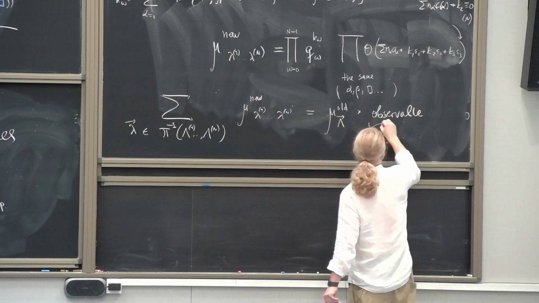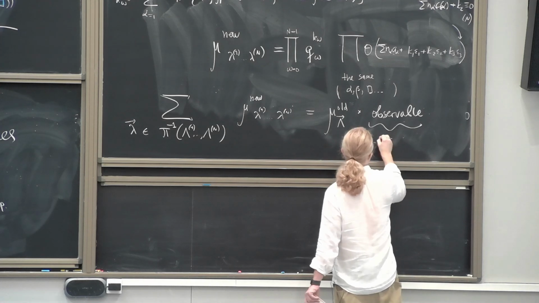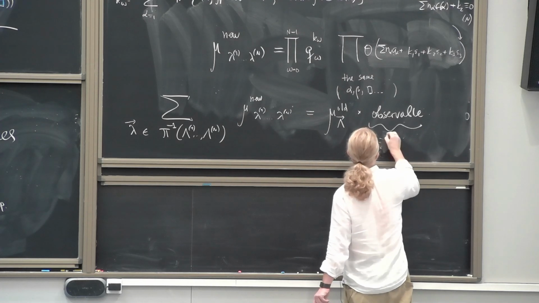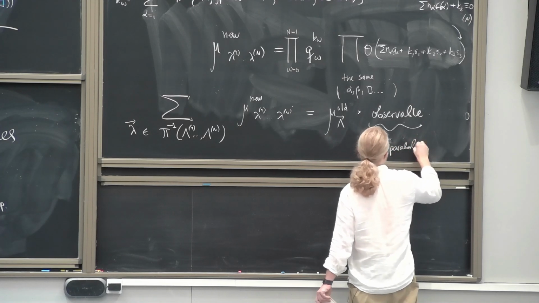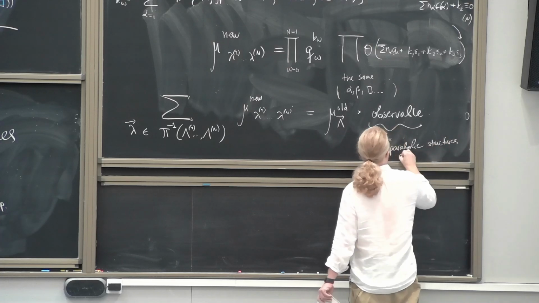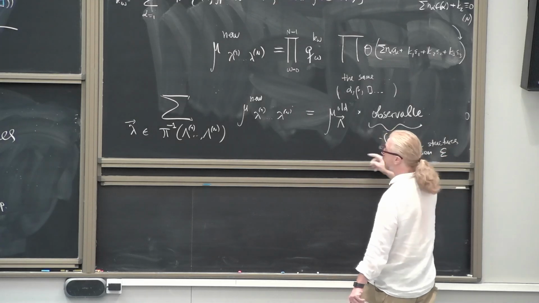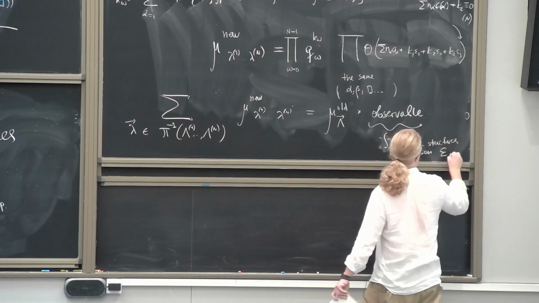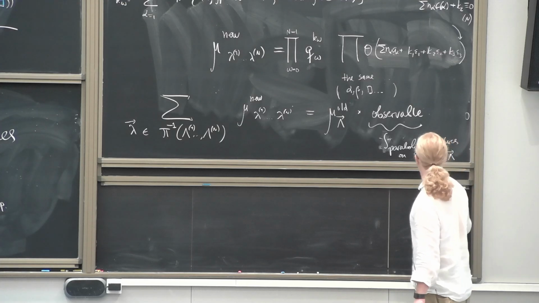And the observable can be understood as a sum or integral over the space of parabolic structures on a given sheaf associated with these things.